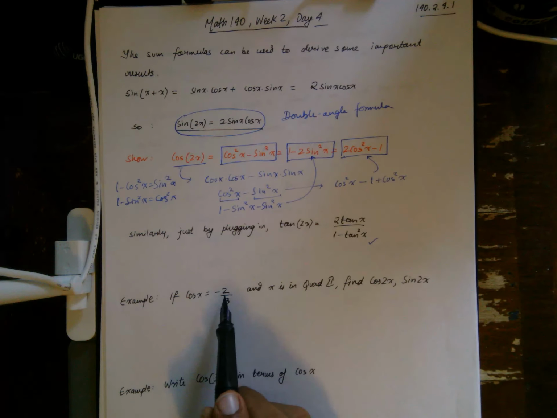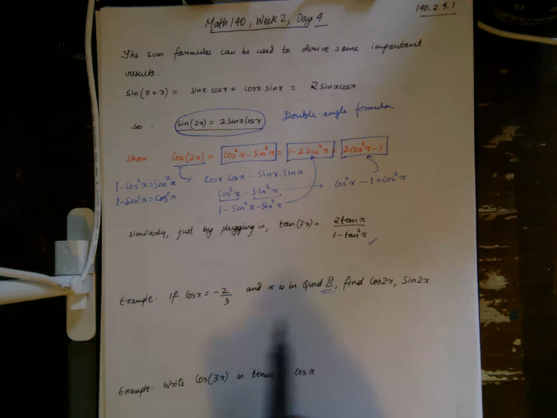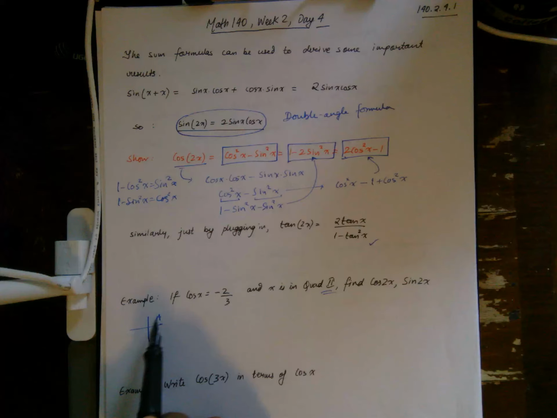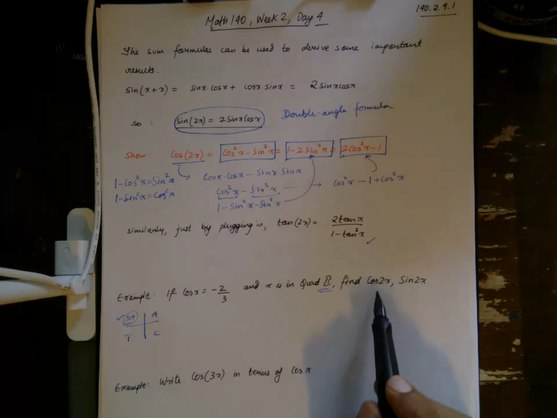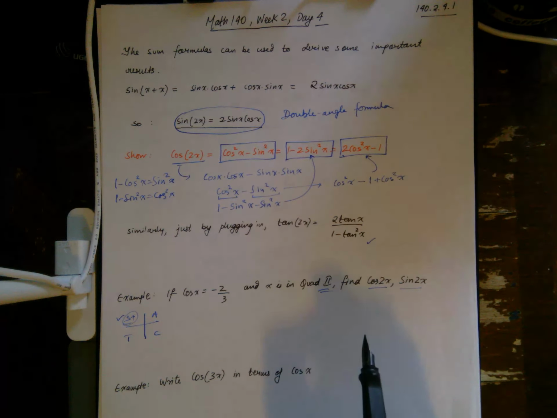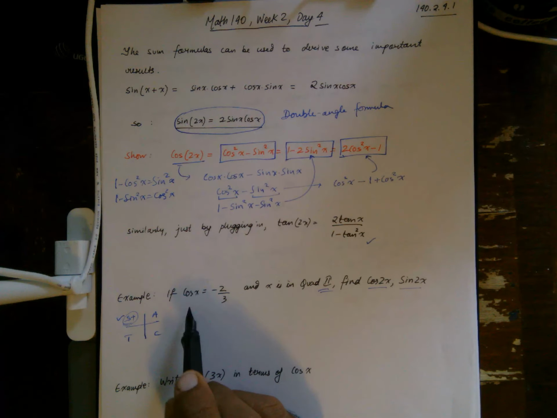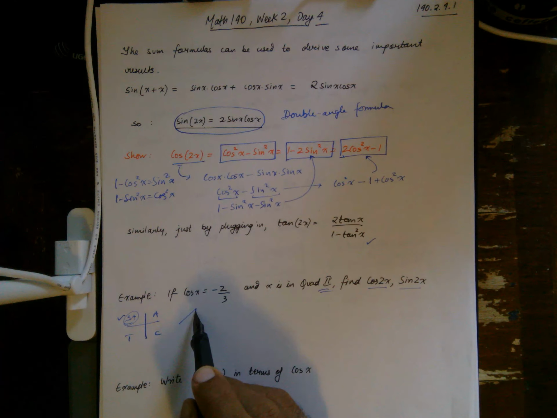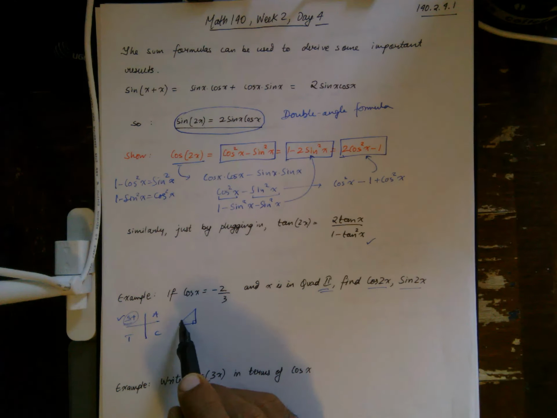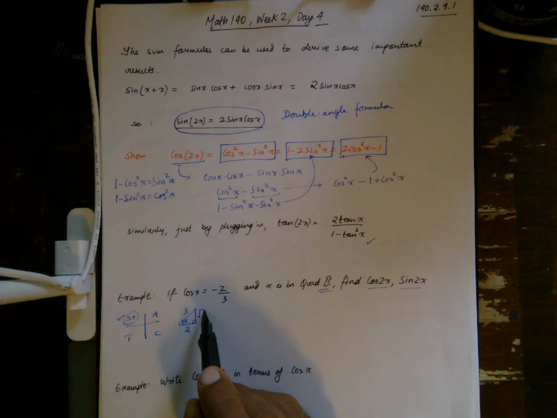Cosine x is negative 2/3 and x is in quadrant 2. So let's just check. ASTC, sine positive, so makes sense that cosine would be negative. Find cosine 2x and sine 2x. Now first, if cosine x is negative 2/3, and the negative is because of the quadrant, which means in terms of the triangle, this is adjacent, hypotenuse, and root 5.